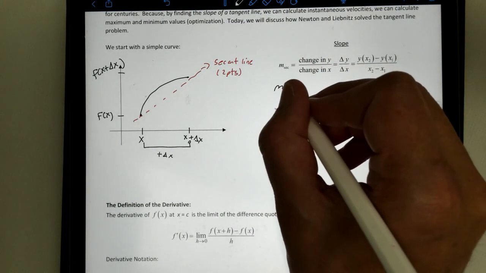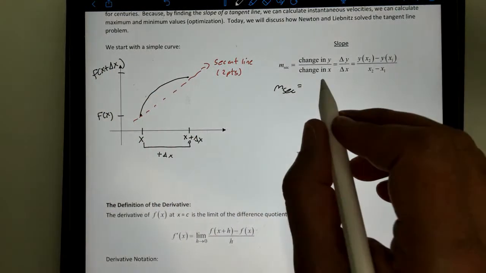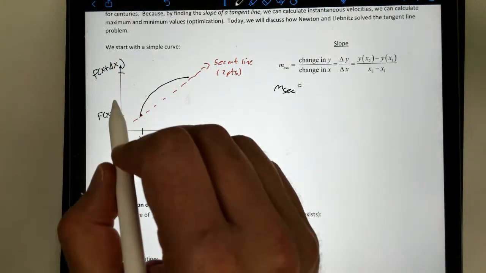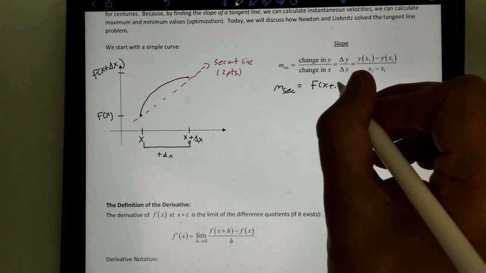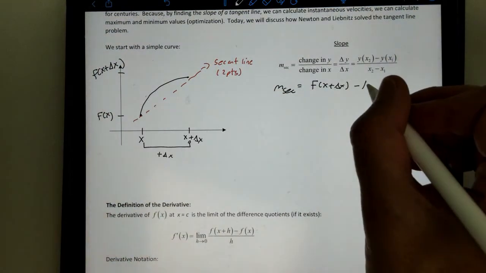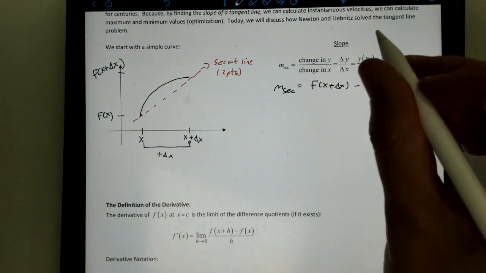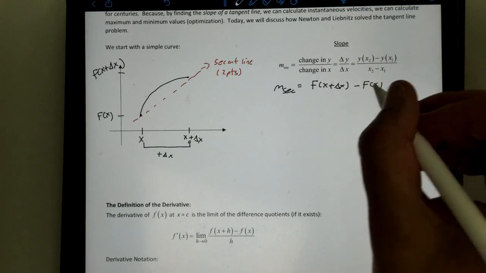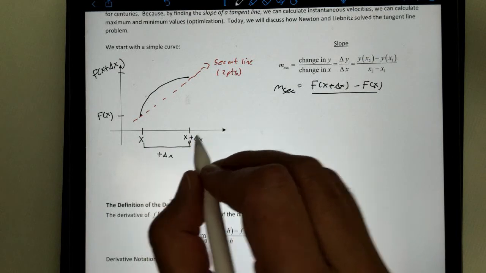To get our slope of our secant line, I'm going to use these points. To get my change in y, it's my top y value minus my bottom y value: f of x plus delta x minus my original function, f of x, not delta, f of x. Divide that by the change in your x values. Well, my x2 is here.